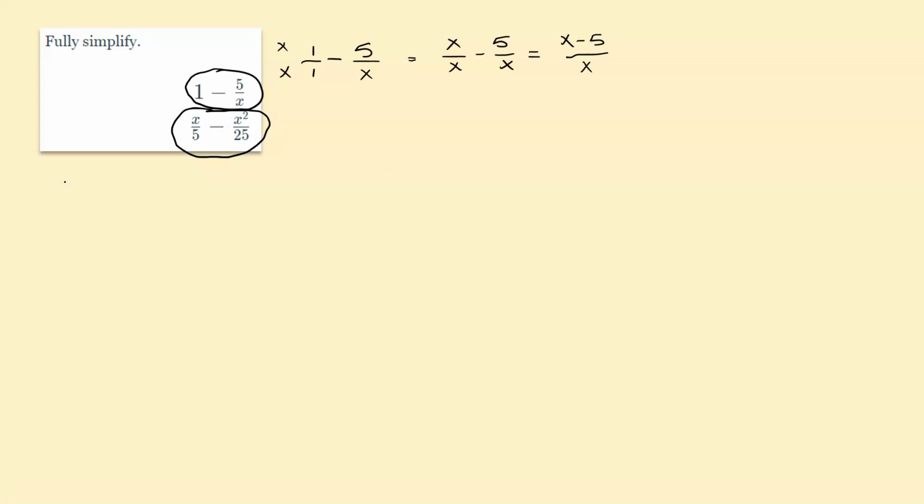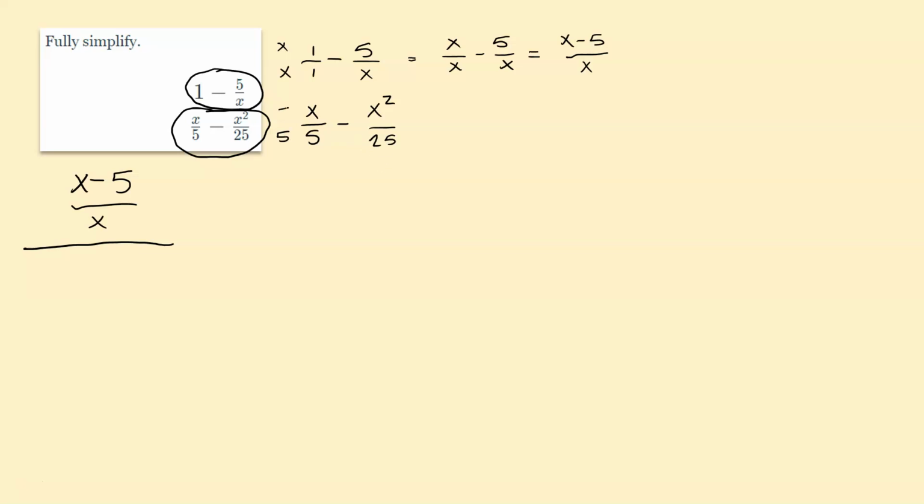So I can go ahead and write that as my new numerator. And then the denominator, we can go ahead and make that one fraction as well. Here we have denominators of 5 and 25. So our least common denominator is going to have to be 25.